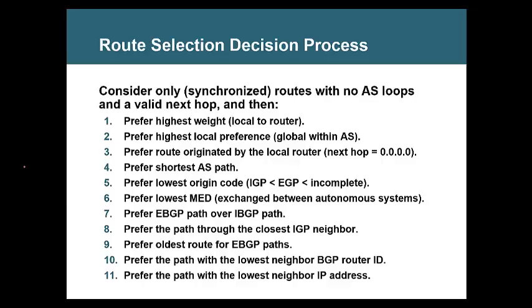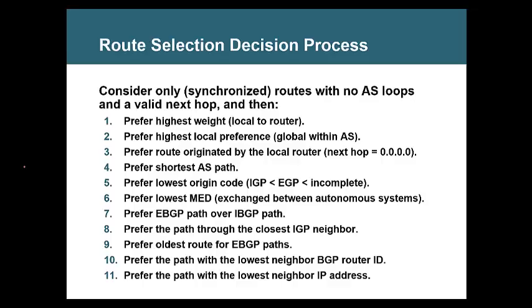Do I have a valid next hop? Yes. How many valid next hops? More than one. Okay, then goes to the first one. If I have more than one valid next hop, do I have any weightage for one of the next hops? Yes. Then go via that direction.